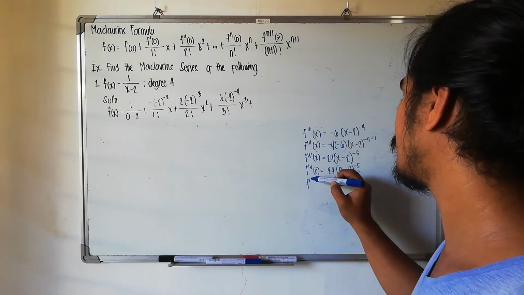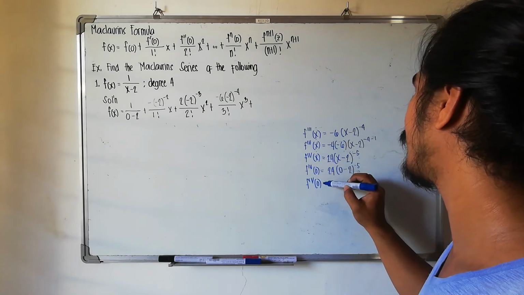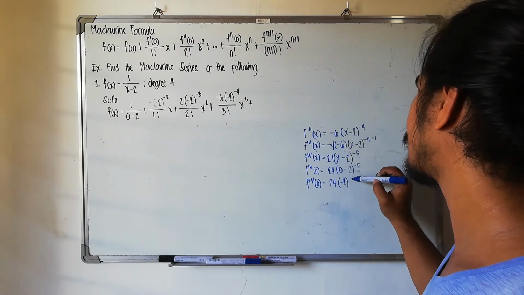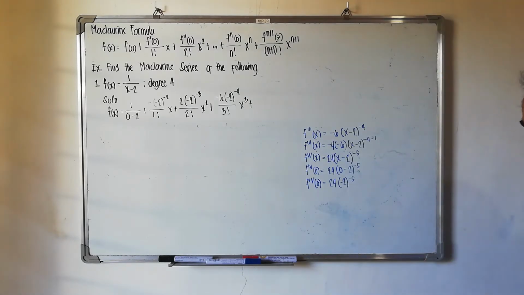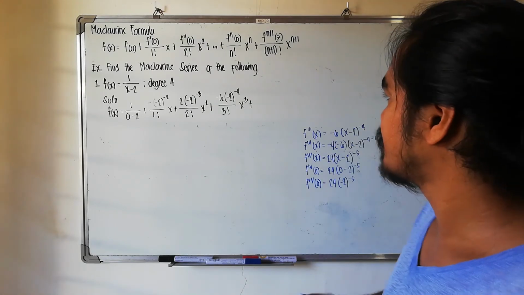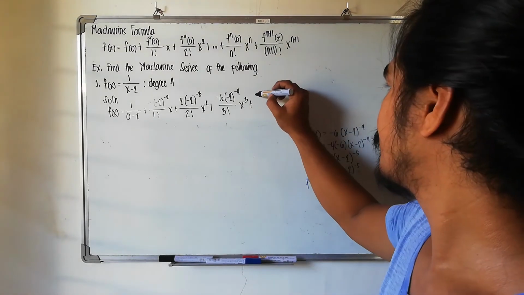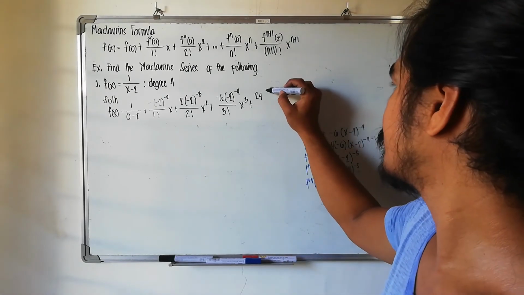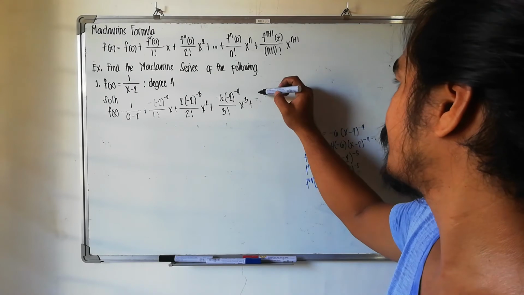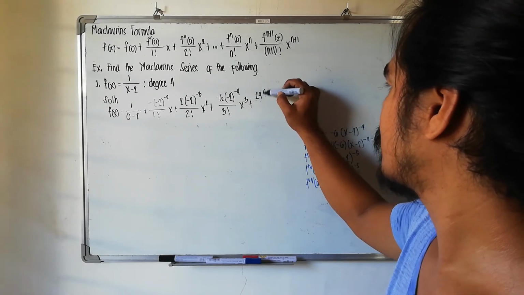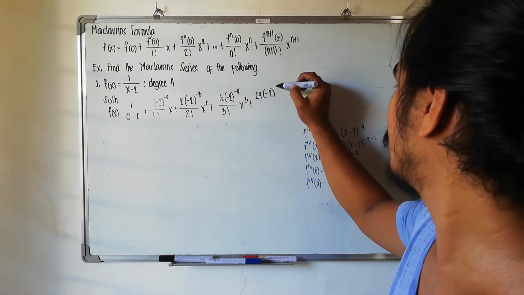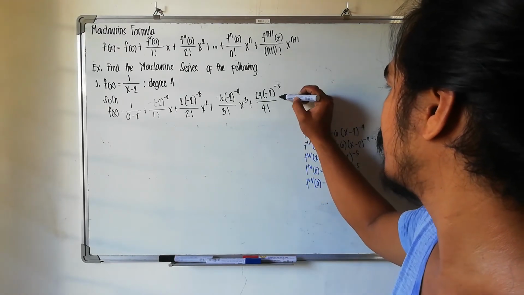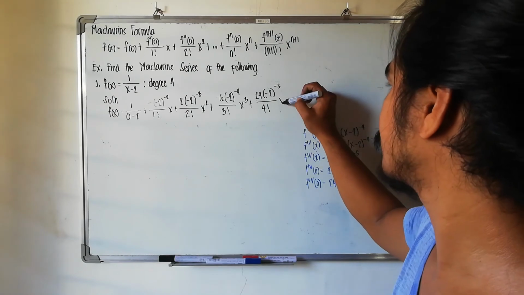Or simply, the fourth derivative of the function is equal to 24 times negative 2 raised to negative 5. So that is plus 24 times negative 2 raised to negative 5 over 4 factorial times x raised to 4.